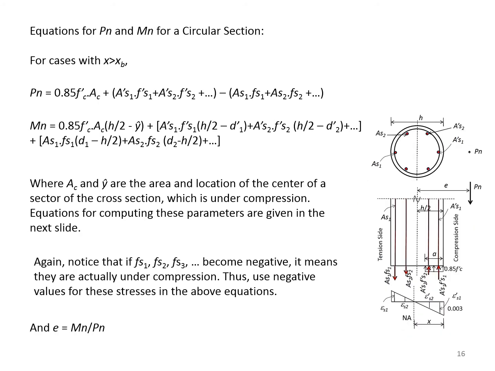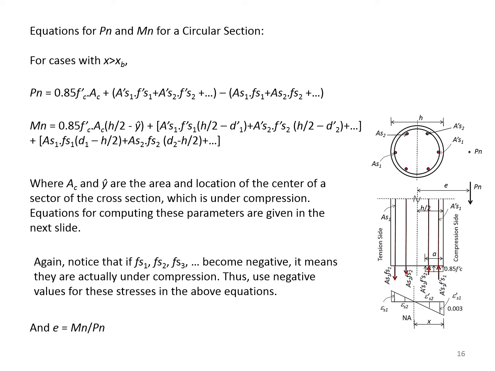Equations for Pn and Mn for a circular section. For cases with x larger than xp, the two equations are given. Again, very similar to previous equations, except that you notice two new parameters, A sub c and y bar, appear in these equations. A sub c and y bar are the area and location of the center of a sector of the cross-section which is under compression.